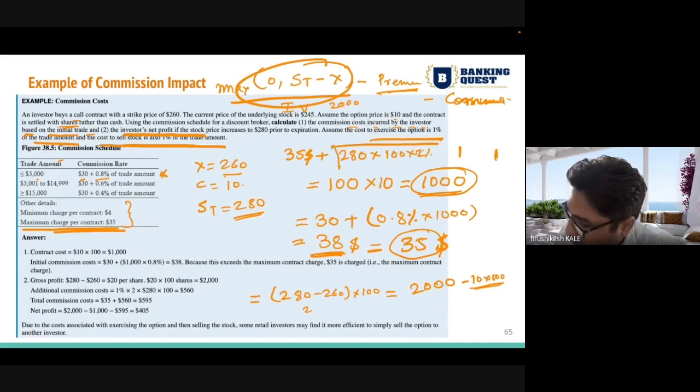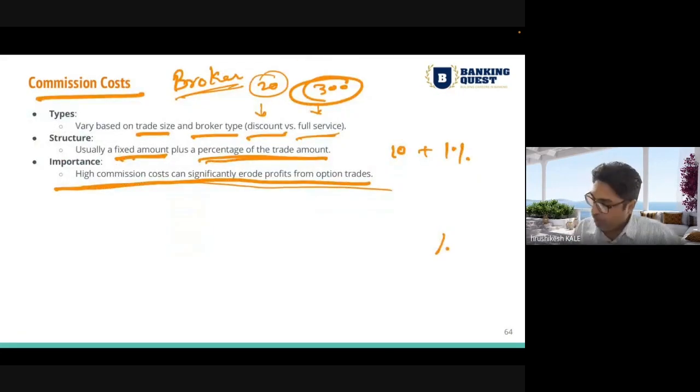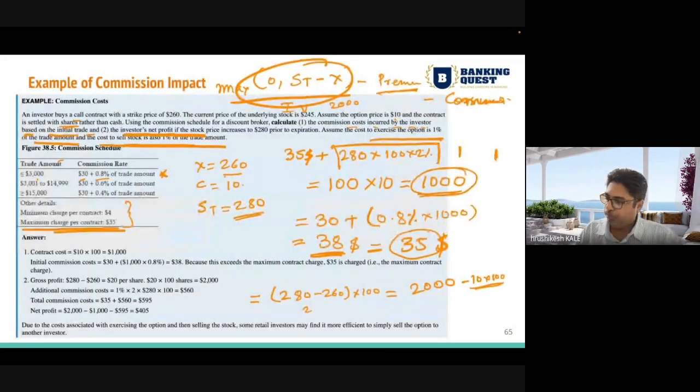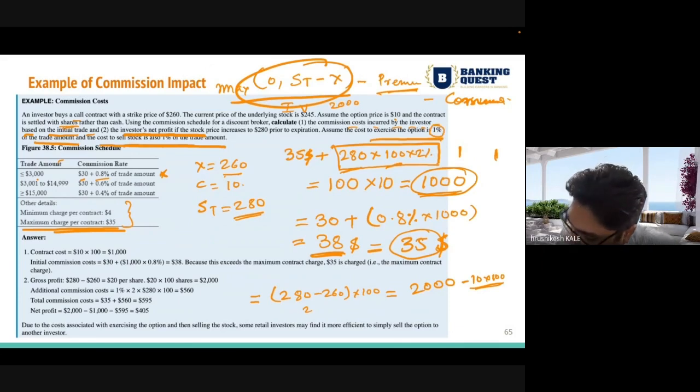This is the best way of looking at it. Why 100? Because 100 is the lot size. 280 is the share price at which we are going to purchase, and 280 is the exercise price also. Why 2%? 1% is for exercising the option and 1% is to sell, which comes out to be 2%. That is 560. 280 multiplied by 2 is 560, sorry.